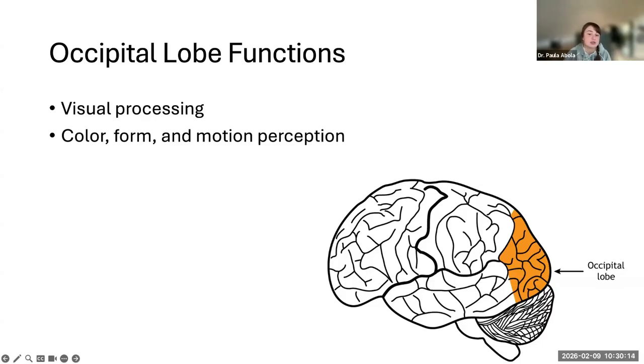So individuals may struggle to recognize familiar objects or faces, misinterpret visual scenes, or have difficulty reading or navigating spaces. And these impairments are often revealed through tasks assessing visual perception, visual discrimination, and visuospatial processing.